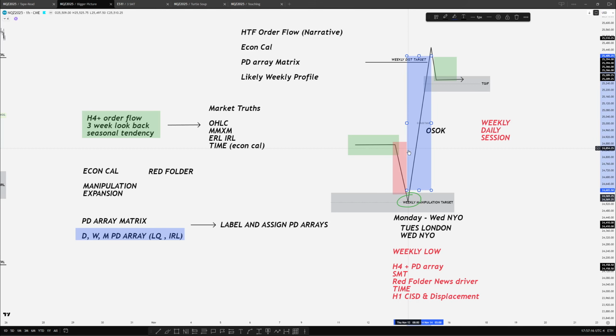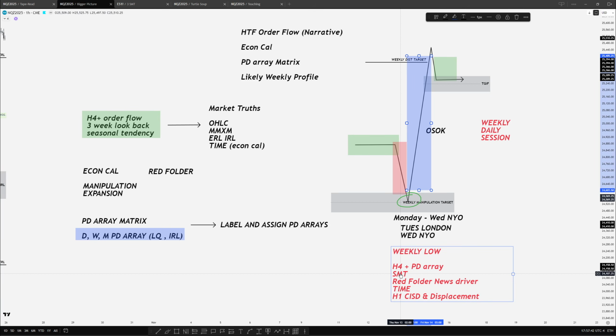All right, like I said, I would encourage you to watch that ICT video on weekly profiles. If you're looking for qualifying a weekly low or weekly high, this is the way you do it down here. If you have all those things lining up, that's great. Your continuation models will all be formed normally on a 4-hour PD array still, if not a 1-hour PD array.